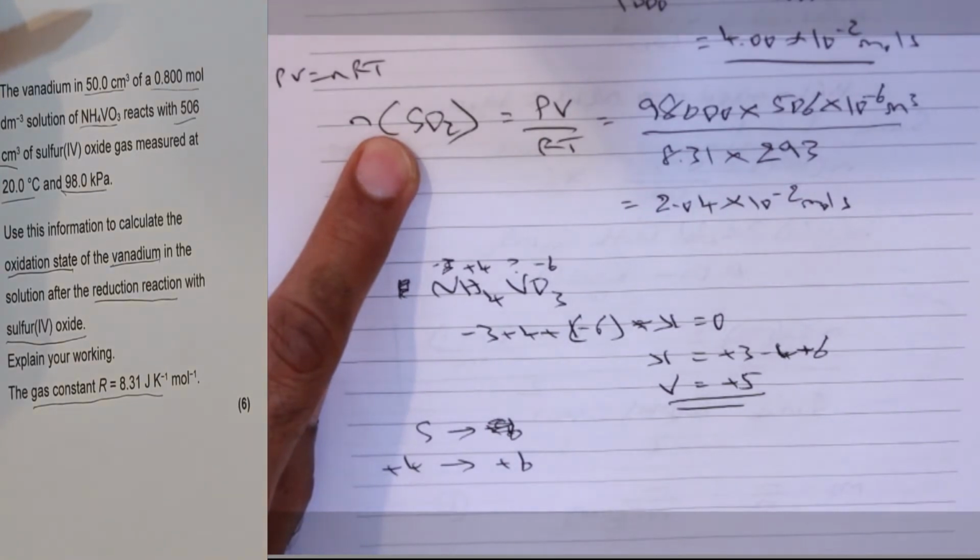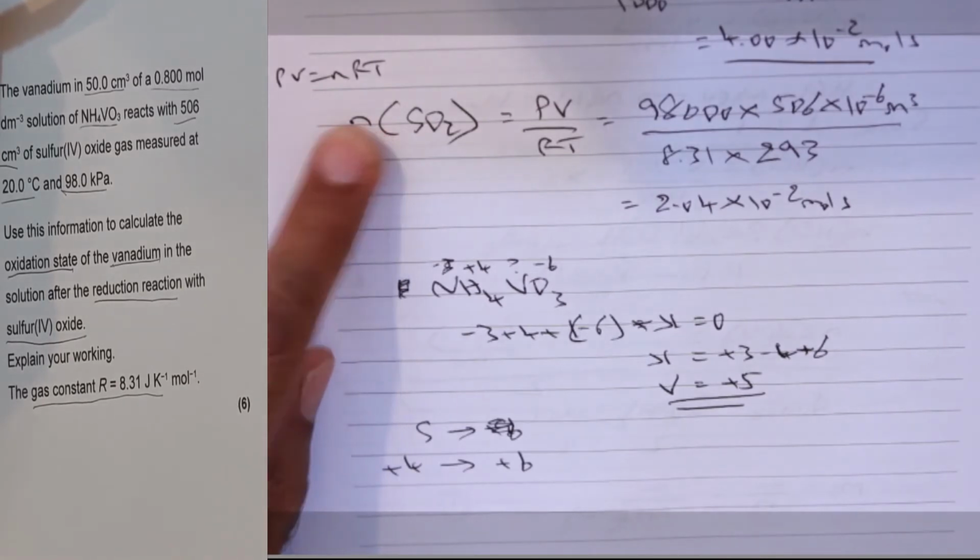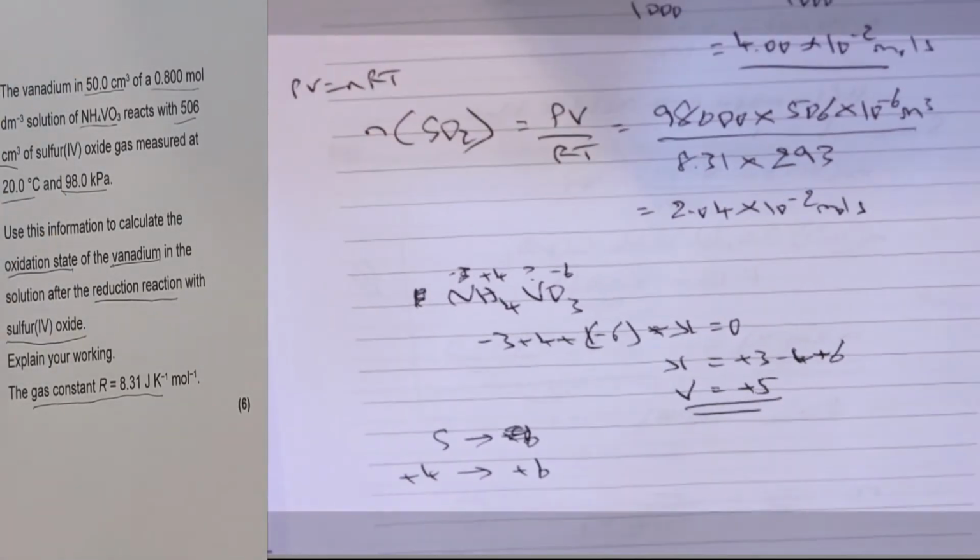Now whenever sulfur is oxidized, in other words when it's acting as a reducing agent, it becomes a sulfur +6 oxidation state. Okay, so each sulfur, when it acts as a reducing agent, loses 2 electrons from 4 to 6. So it's lost 2 electrons.